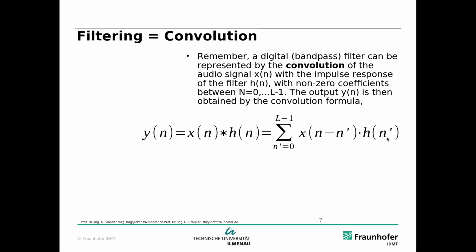One is going down and one is going up, over the entire length of our signals. In our case, the filter will be much shorter than our signal, so the sum will only go over the length of the filter. In this case, the filter has the length of capital L. So it goes from n prime equals 0 to capital L minus 1, because that's the non-zero part of our filter impulse response.